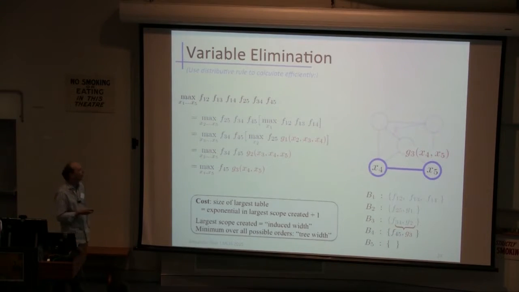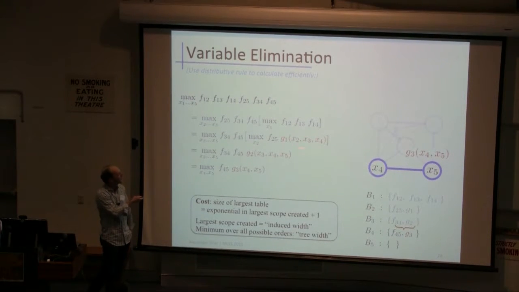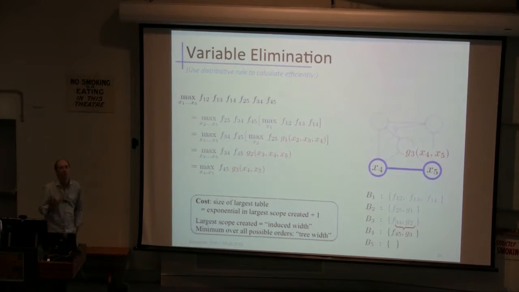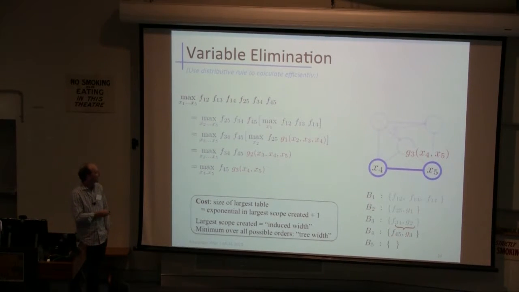And since these are discrete variables, the size of that table will be exponential in the number of variables that are being reasoned about simultaneously. So here we're reasoning about 1, 2, 3, and 4 jointly. So if they all take on, say, d values, then that's d to the 4th. We're creating a table of size d to the 4, and then eliminating to get one of size d to the 3. So this procedure is computationally exponential in the size of this scope.